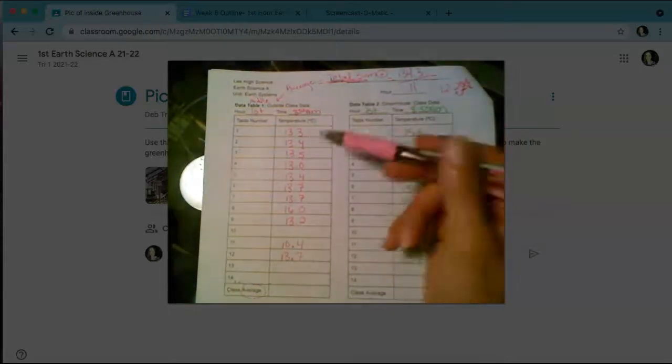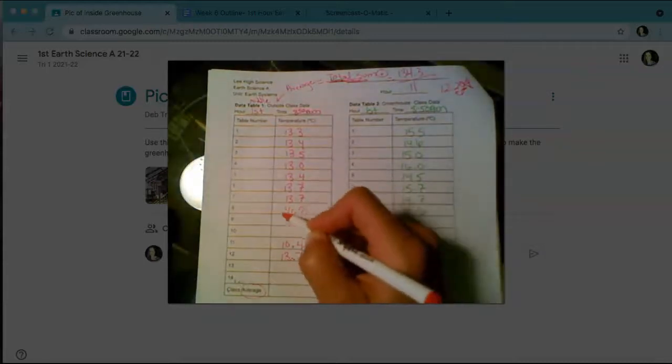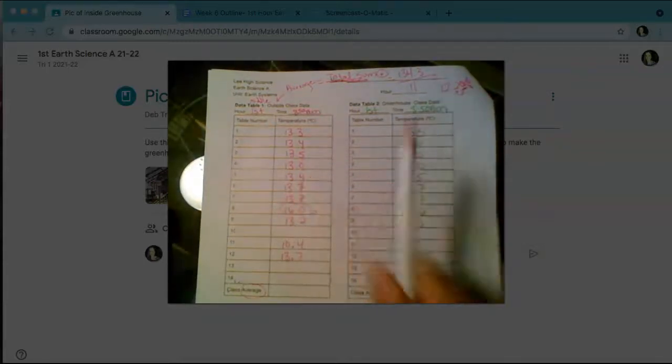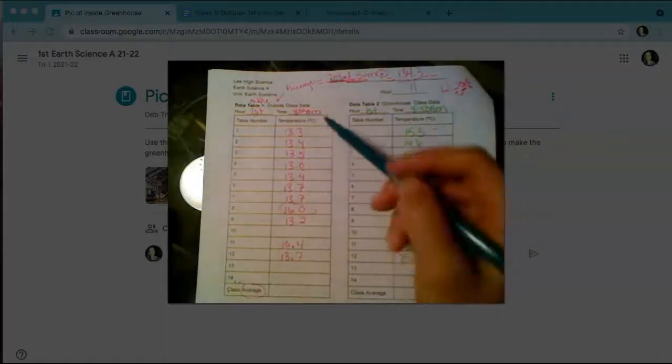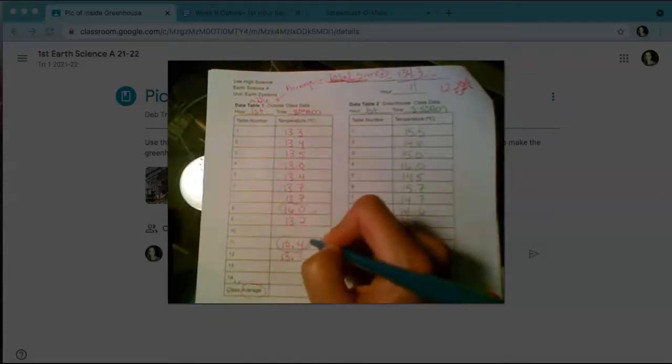Now, what I do is I double check my number. If the average is the middle, what I like to do is look for the highest temperature. I find the highest temperature here, that's 16. And then I look for the lowest temperature, that is 10.4. You can see we have a bunch in the middle.